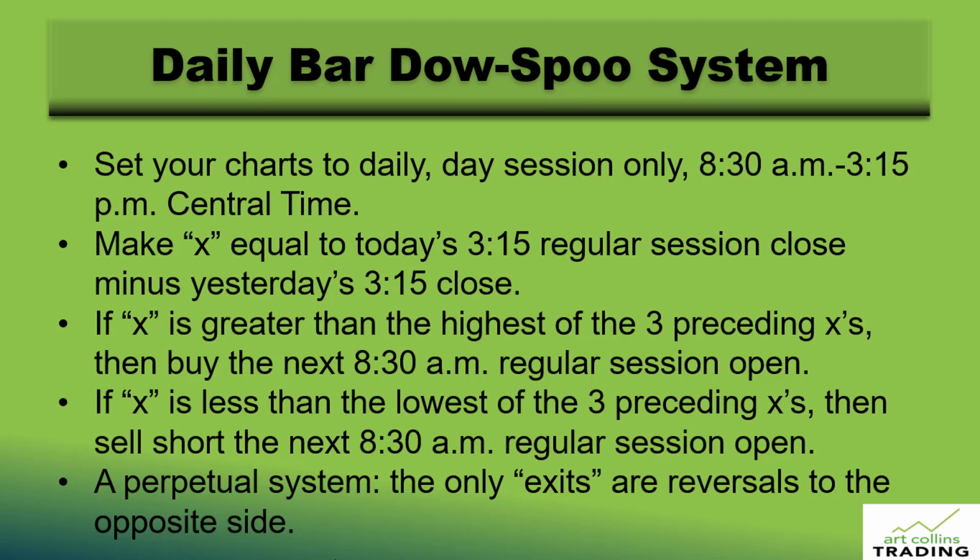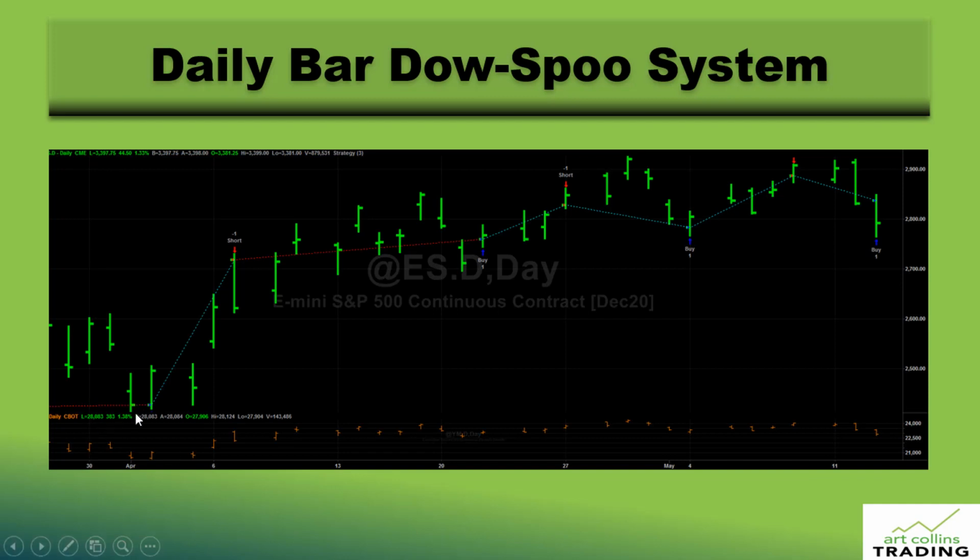It's a perpetual system. The only exits are reversals to the opposite side. So you would take this minus this, this minus this, this minus this, this minus this. And if on this day the result was bigger than all three that came before it, that's a buy signal.